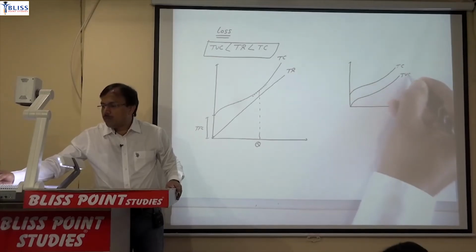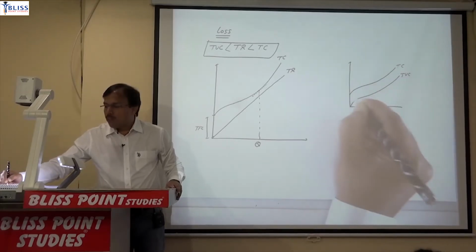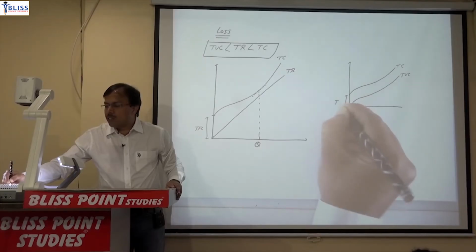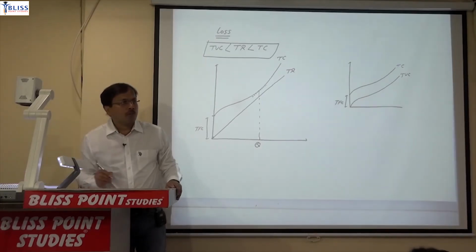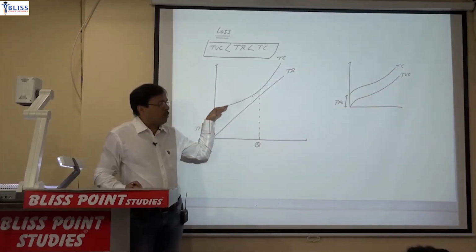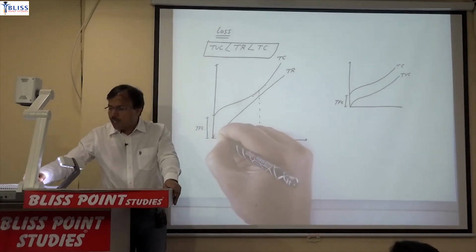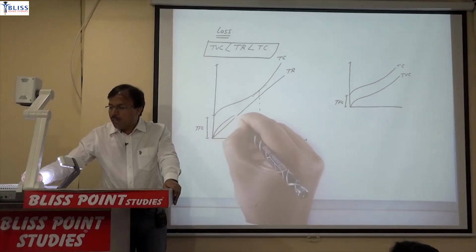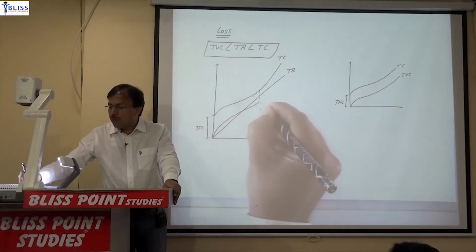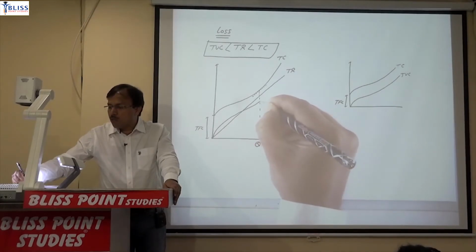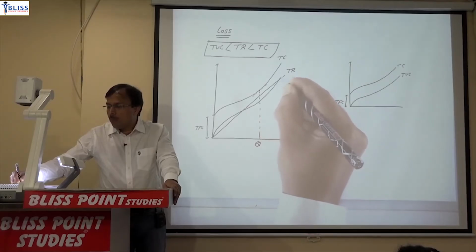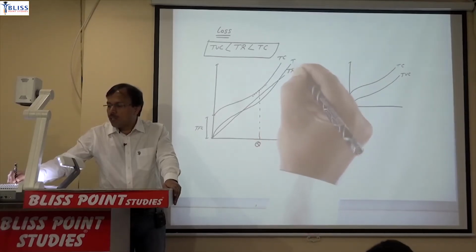And what is the difference between these two? That fixed cost will remain constant at all levels of output. So parallel to that line draw total variable cost and keep it below. जहाँ quantity mark किया वहाँ पे वो नीचे होना चाहिए. That is total variable cost.